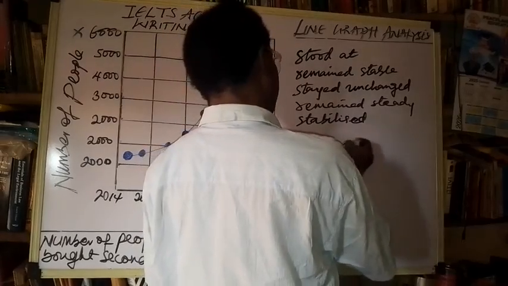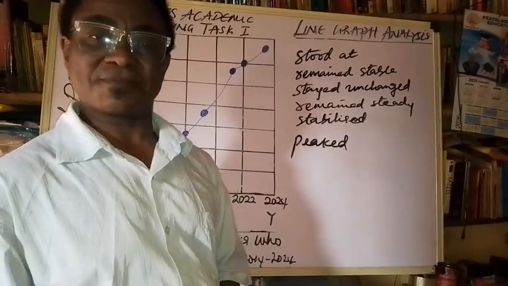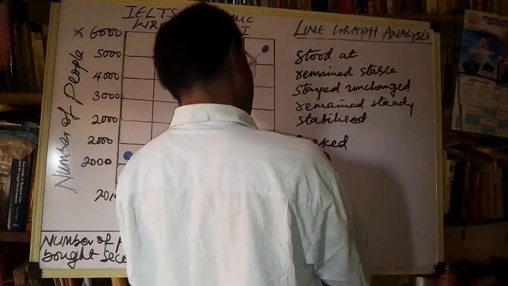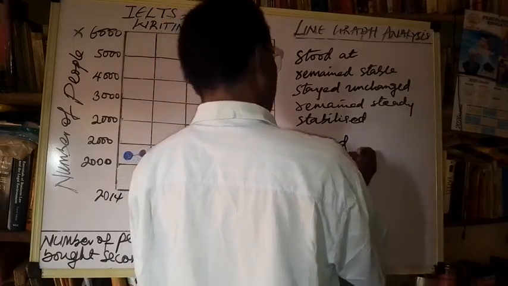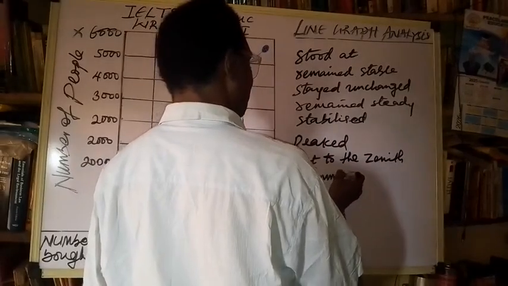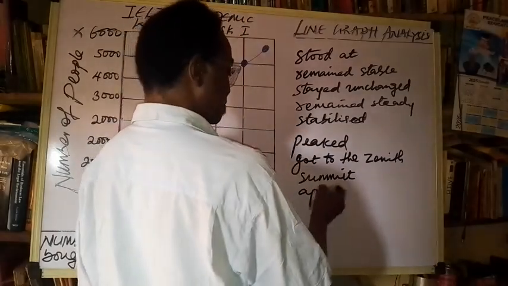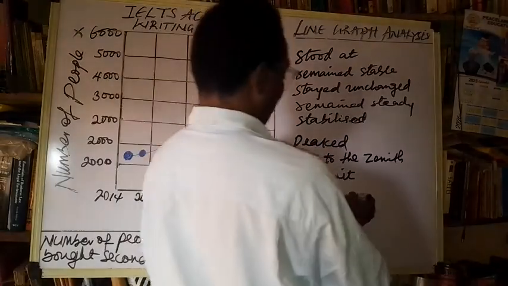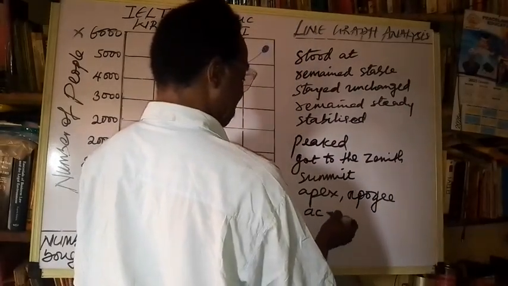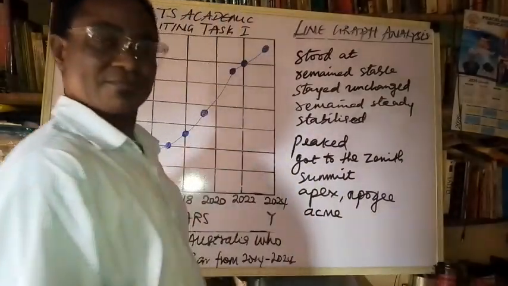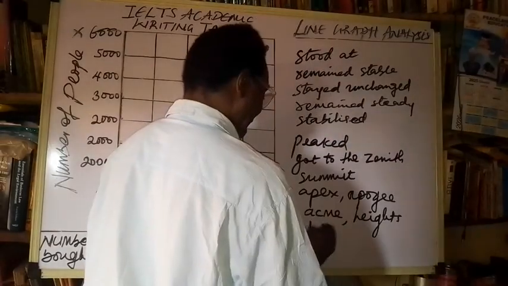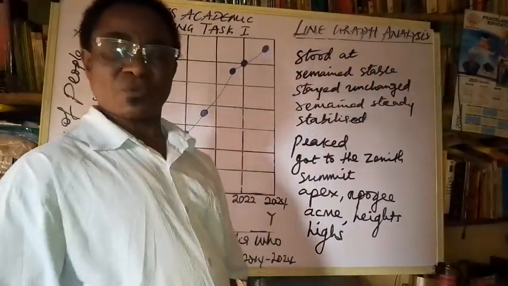Then you can say the values peaked, or got to the zenith, or reached their summit, or their apex, their apogee, their acme, their heights, the highs, and so on and so forth.